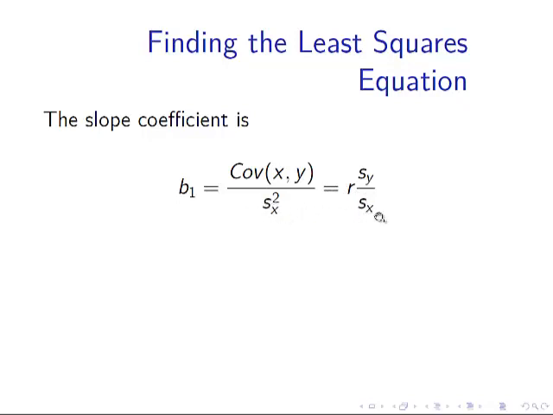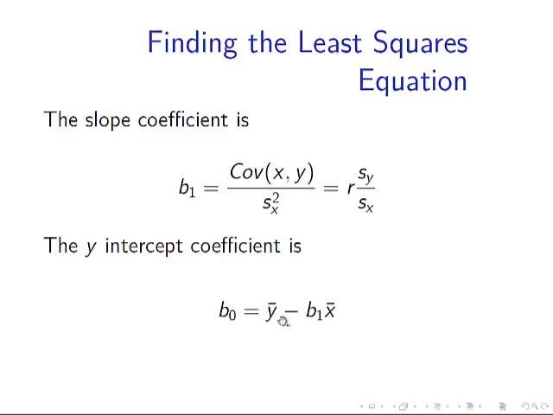You may use this one or this one, it's up to you. And the y-intercept b0 is calculated using this formula: b0 equals y bar, the average of variable y, minus b1, which we obtained from here, multiplied by x bar, the average of x.